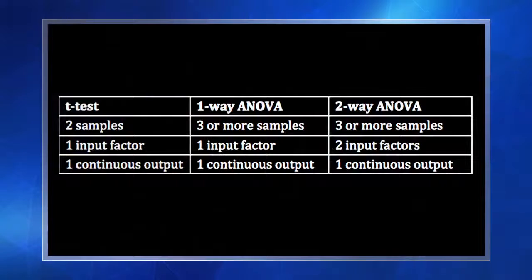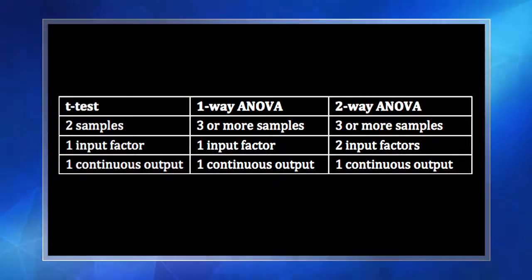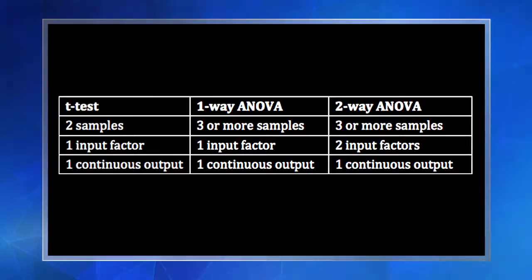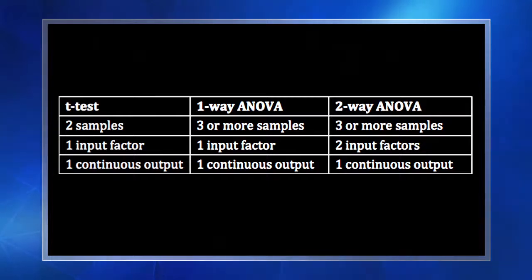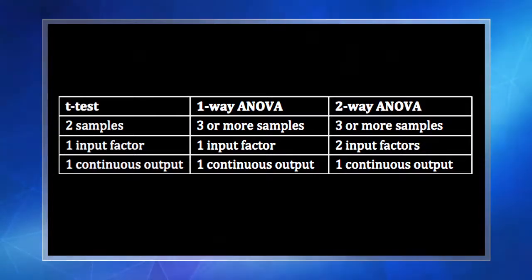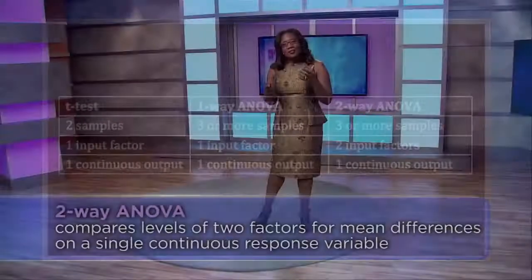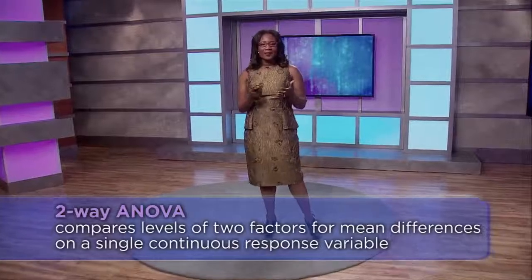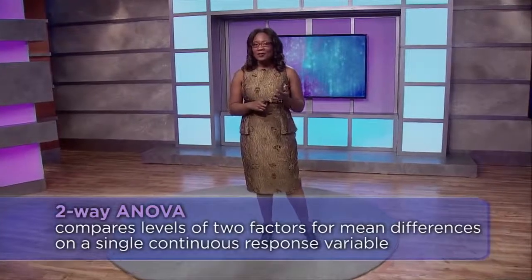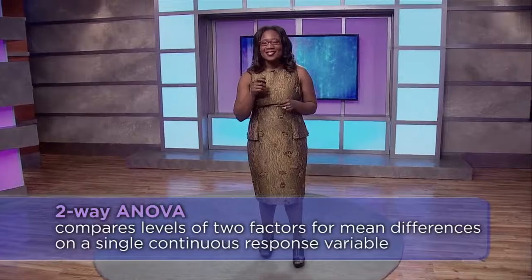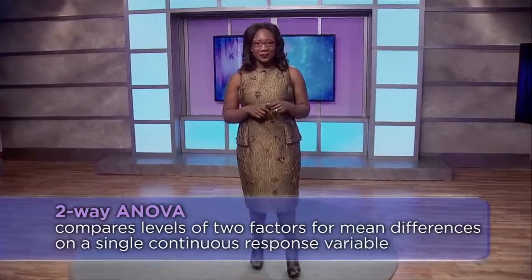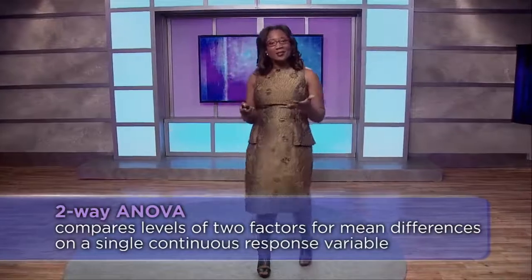An example of a two-way ANOVA and higher, well, that looks at the contribution to the total variance of 2 input factors, like gender and marital status, or type of fertilizer and type of soil. So a two-way ANOVA compares levels of 2 factors for mean differences on a single continuous response variable, like comparing test scores by both level of education and race.